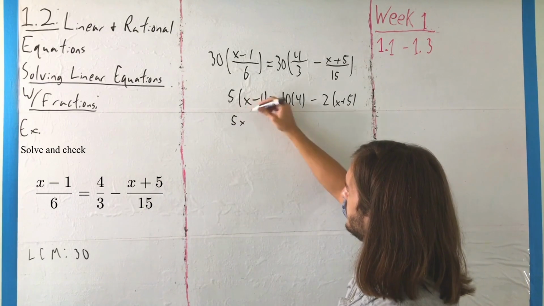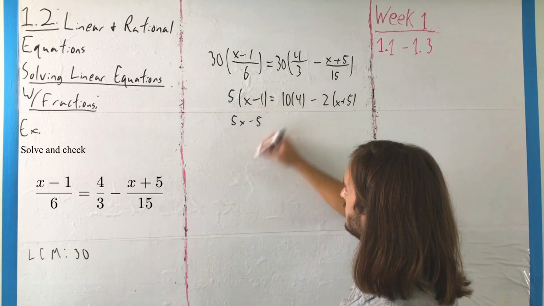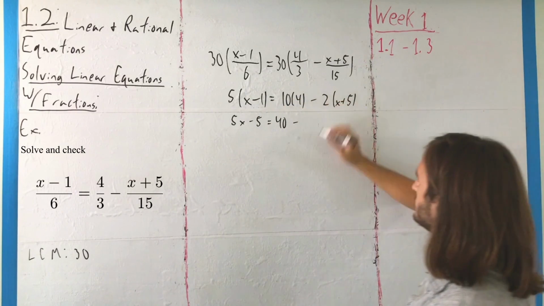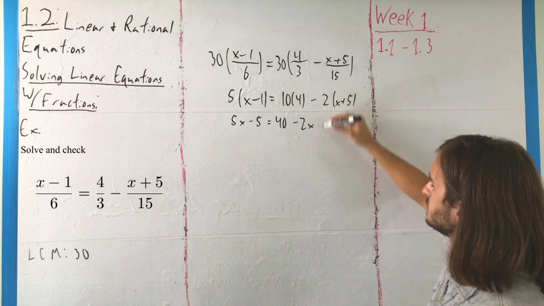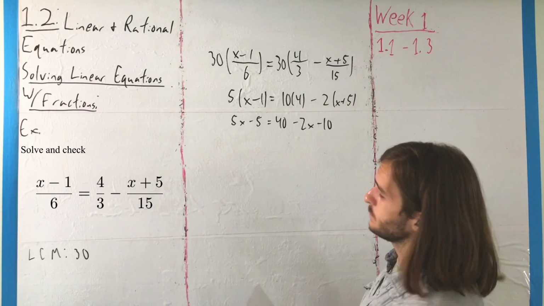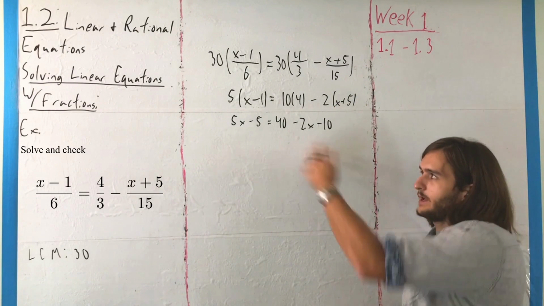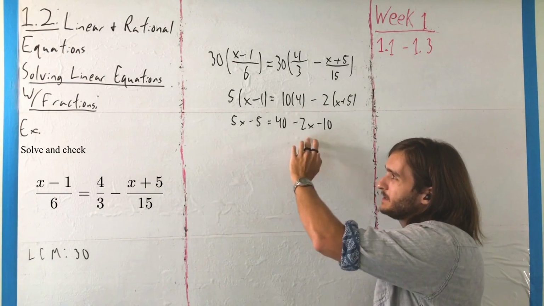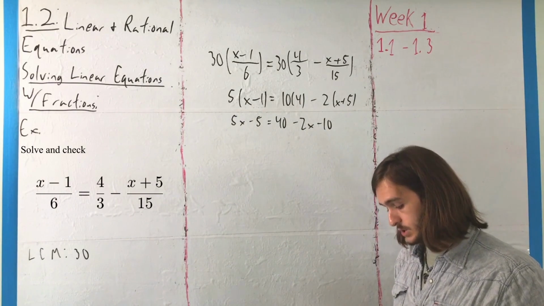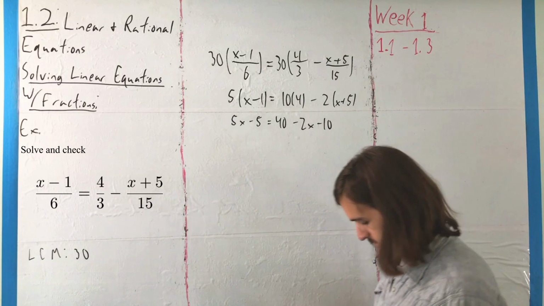So 5x minus 5, here 10 times 4 is 40, and then over there, multiplying the negative 2, you have negative 2x and negative 10. And now we can move on to trying to collect like terms. I'm going to keep the x's on the left, move the constants over to the right.